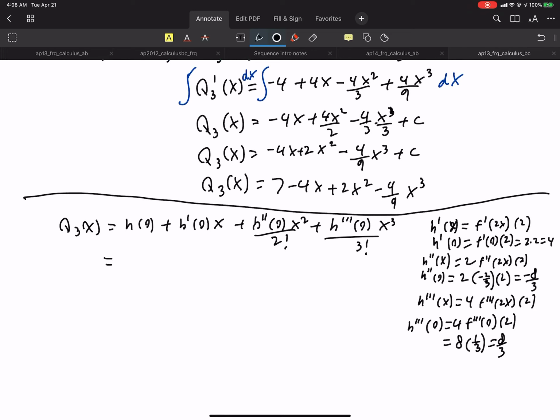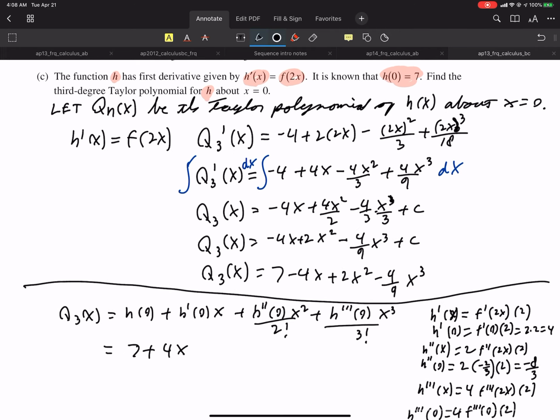So let's plug in all these numbers into this. H of 0 we were told is 7. H prime of 0 we just found, that's 4. Was that negative 4? Why is it negative on top and not on the bottom? I must have messed up. What's f prime of 0?